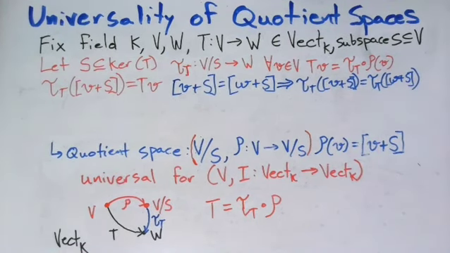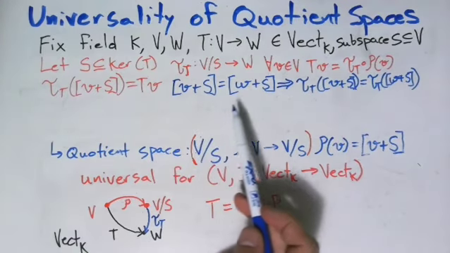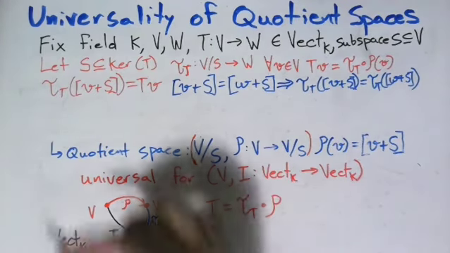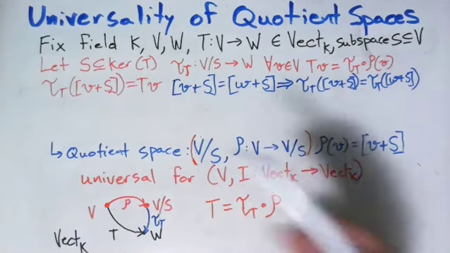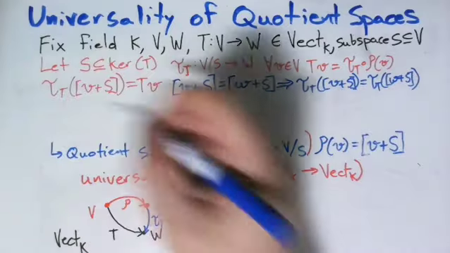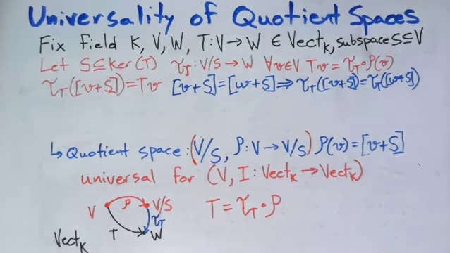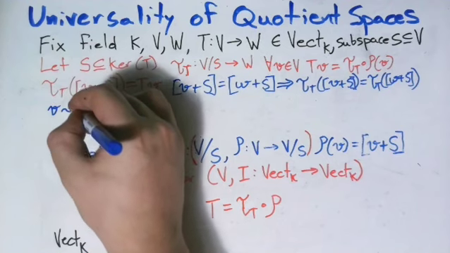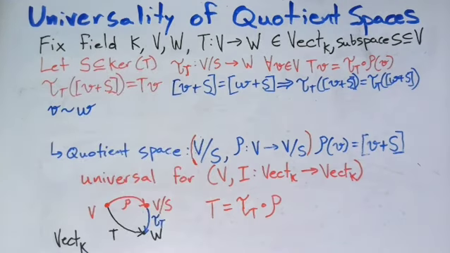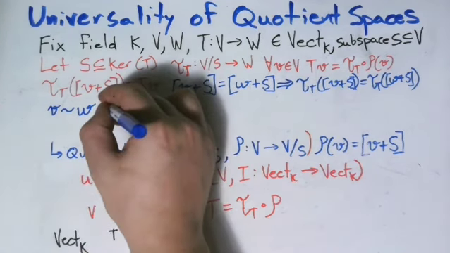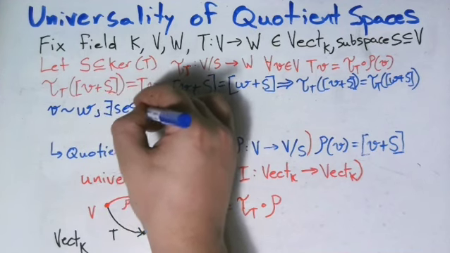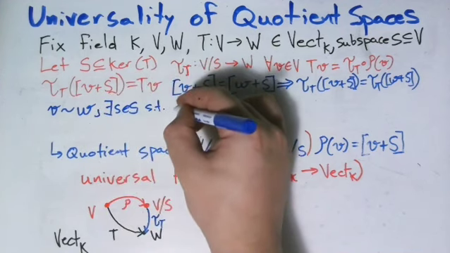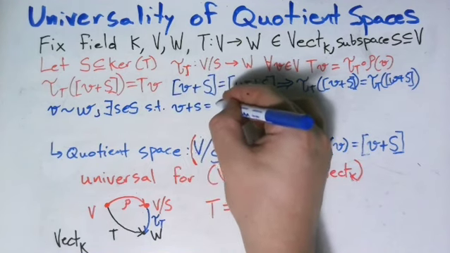But this is the case because if v plus S is equal to w plus S, then v and w have to be part of the same equivalence class, because v plus 0 has to be in this equivalence class, and w plus 0 has to be in this equivalence class. So we get that v is related to w by tilde, by the relation that we defined earlier. And what that relation meant was that there existed some s in S such that v plus s equals w.